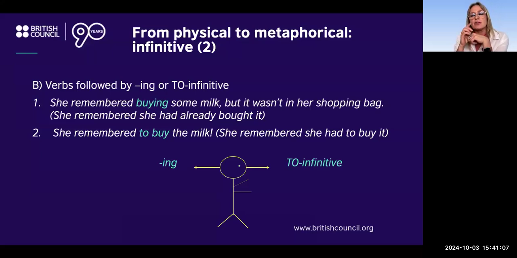Whereas she remembered to buy some milk means that she remembered and then she bought the milk. So again, this idea of looking forward, goal-oriented, is useful in reminding our students of the different meanings associated with -ing or the to-infinitive with certain verbs.